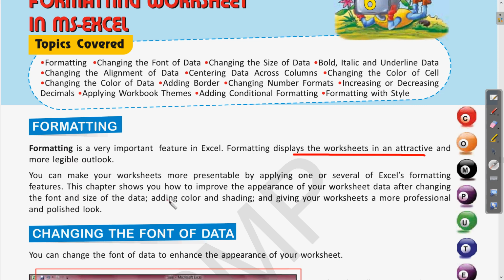This chapter shows you how to improve the appearance of your worksheet data after changing the font and size of the data. Clear? So in this chapter we are going to see how we are going to improve the appearance, how to change the font, then size of the data, how to add color, shading, and giving your worksheet a more professional and polished look.